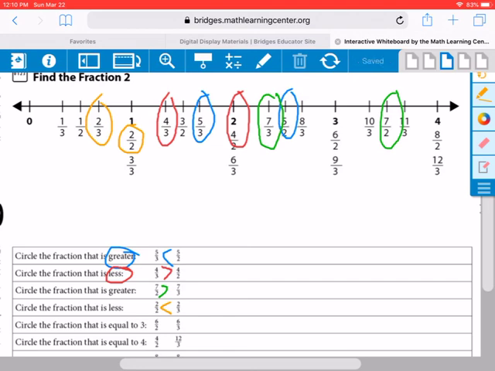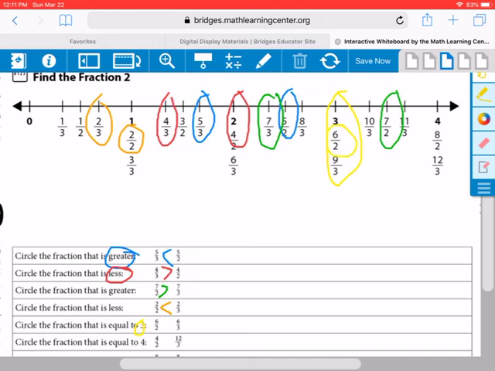Circle a fraction that's equal to 3. If I divide the numerator by the denominator, it should be 3. So is 6 divided by 2, 3? Or 6 divided by 3, 3? Well, here's 3 on our number line.